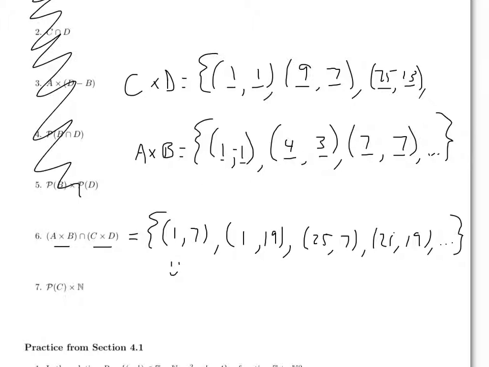This last one seems like it's worse, but really it's not. Remember, the idea is you see Cartesian product, and you should think, oh, this is just a set of ordered pairs. So give yourself some ordered pairs with some room.